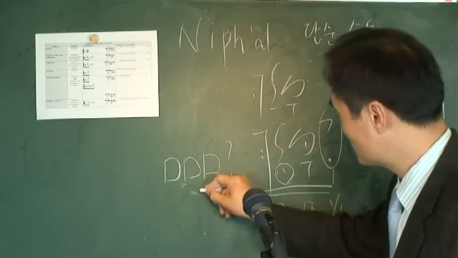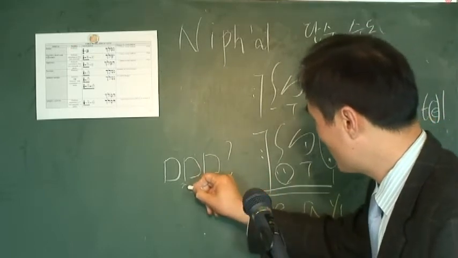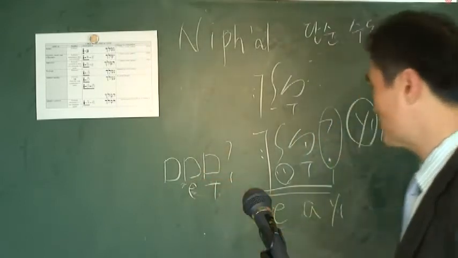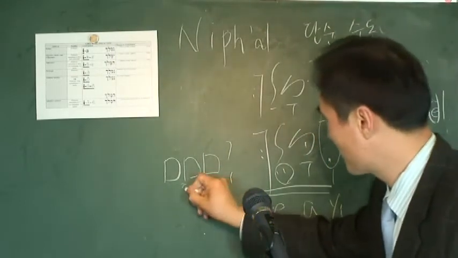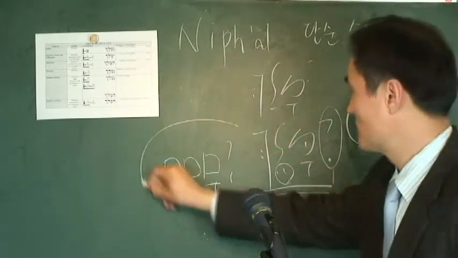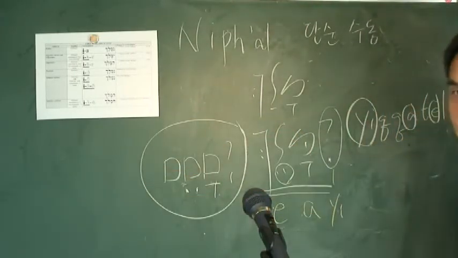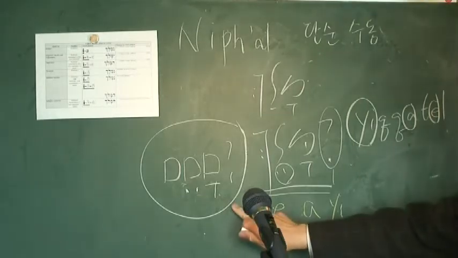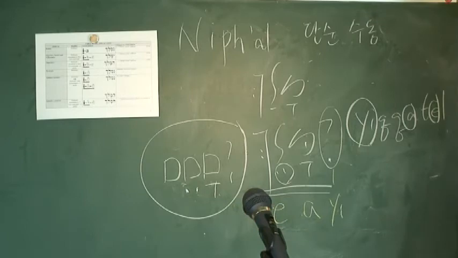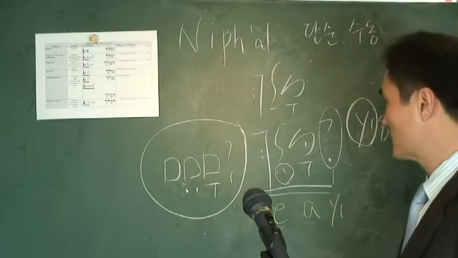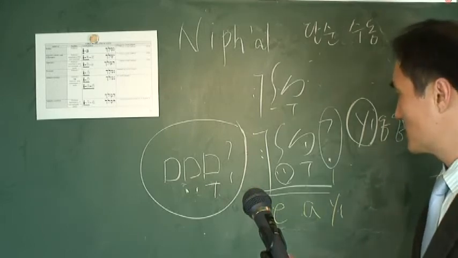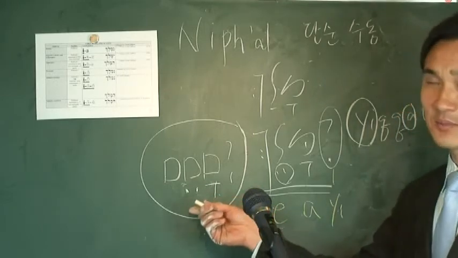Hence, in order to make the imperfect form of the Niphal verb, we will add yod, a, e to the basic consonants. We do this to make the imperfect form of the Niphal verb, which has a simple passive voice.